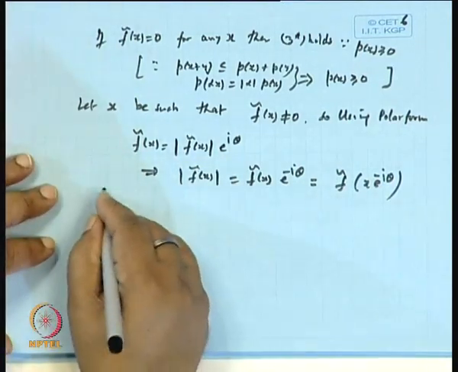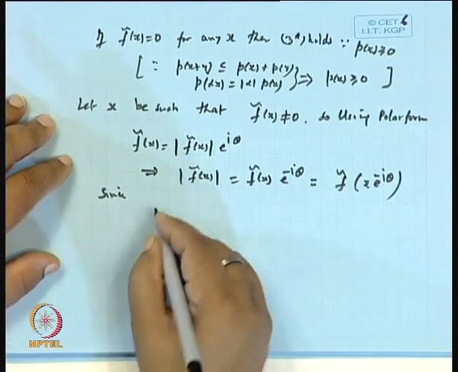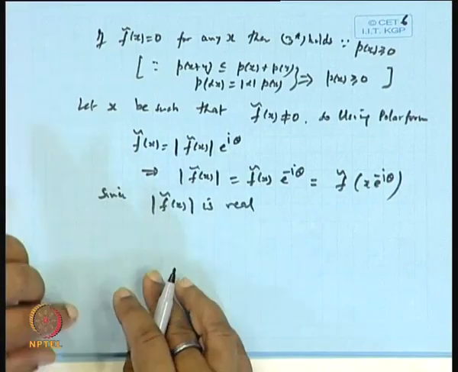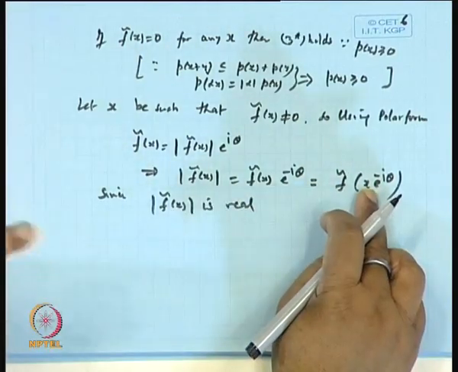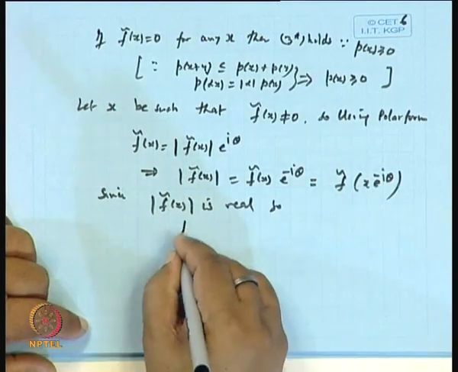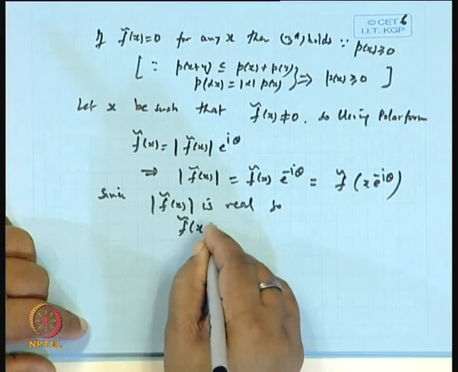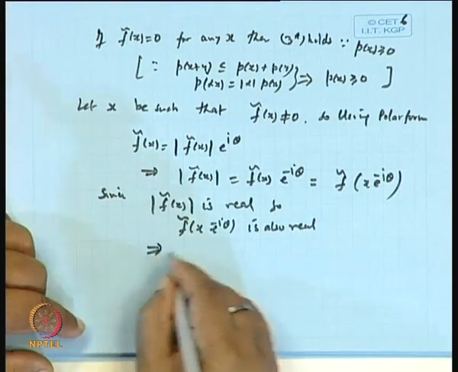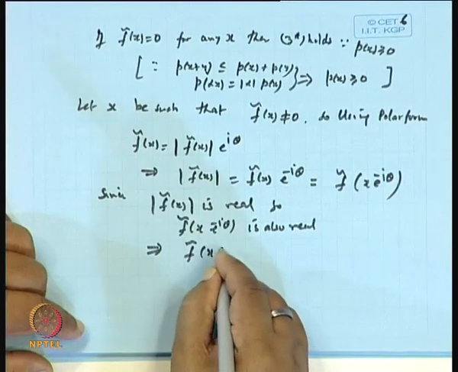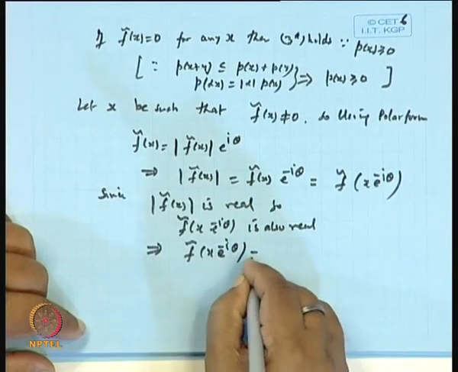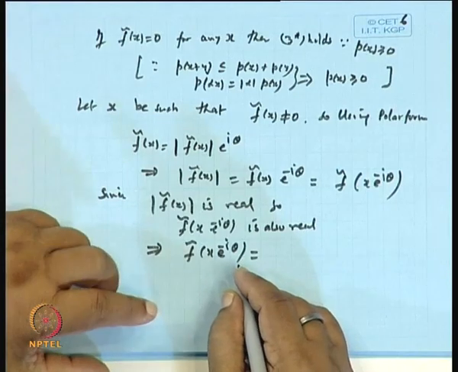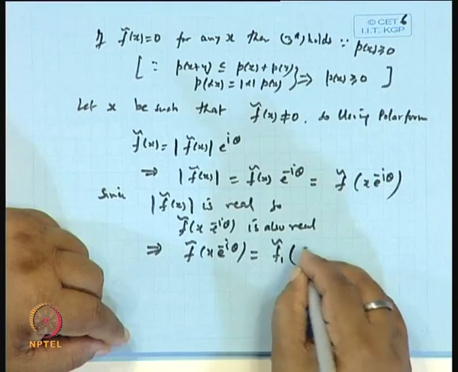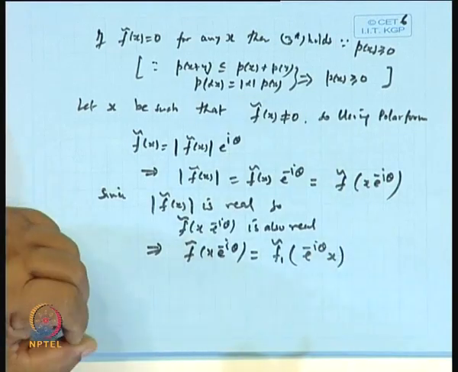Now, since modulus of f delta x is real, therefore the right hand side should also be real. So, f delta x e to the power minus i theta is also real. Therefore, it should be equal to its real part, that is f1 star of e to the power minus i theta x, its real part.